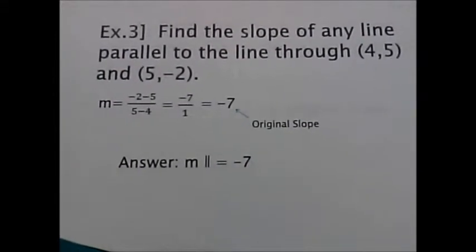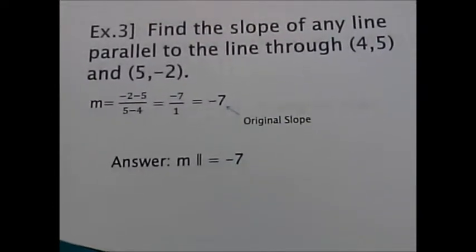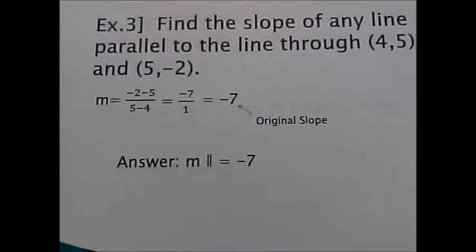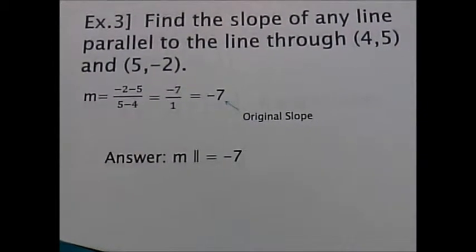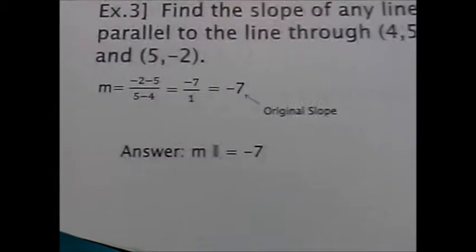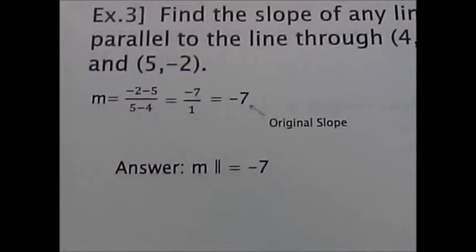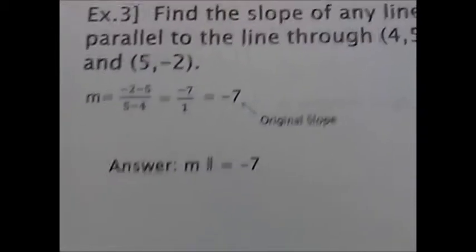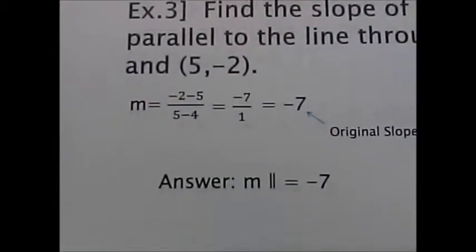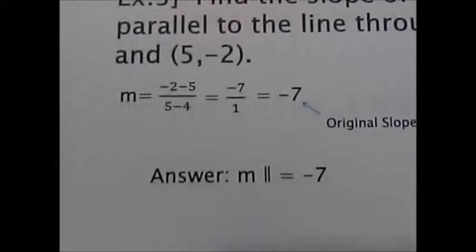Example 3. Find the slope of any line parallel to the line through (4, 5) and (5, negative 2). Right there you will have to use the slope formula to find the slope. It's y2 minus y1 over x2 minus x1, so when you set it up it will be negative 2 minus 5 over 5 minus 4.